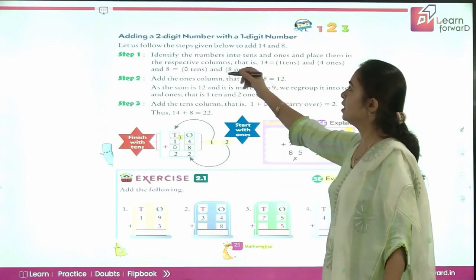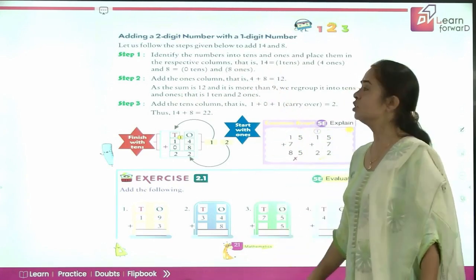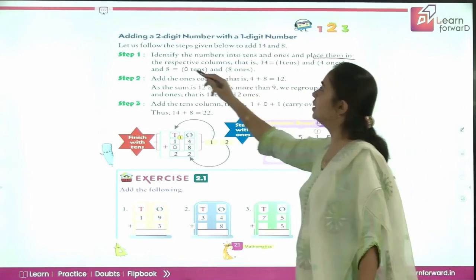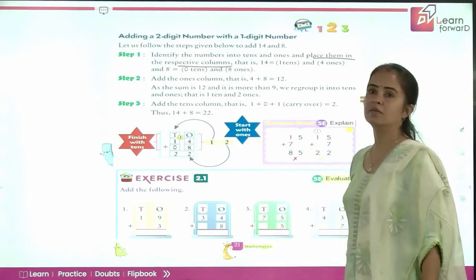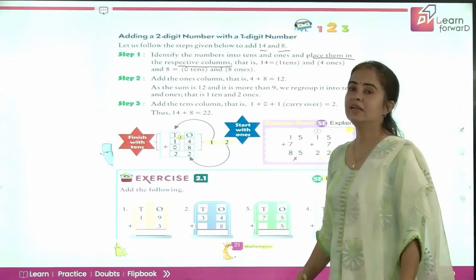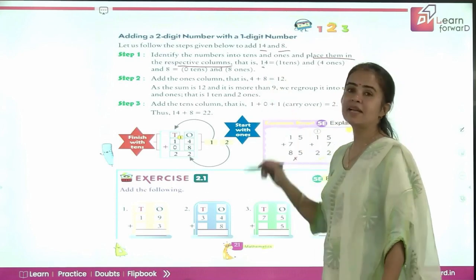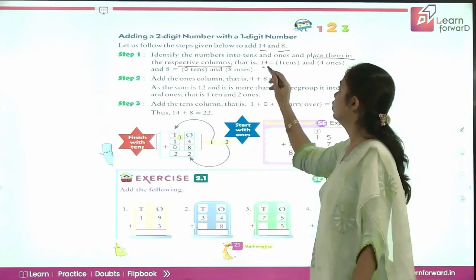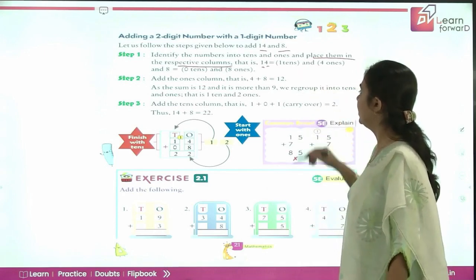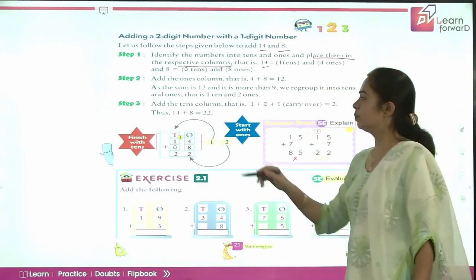So first thing is identify the numbers into tens and ones, and you have to place them in their respective columns. So if you have to add 14 and 8, 1 is at the tens place, 4 is at the ones place. So we'll be writing them correctly at their proper places.